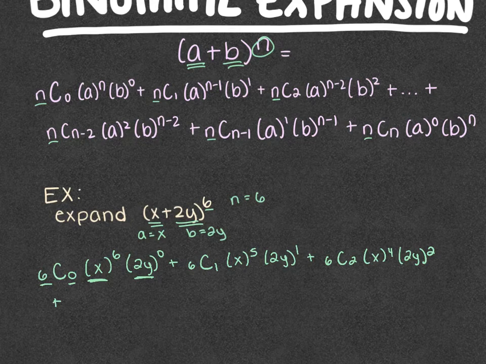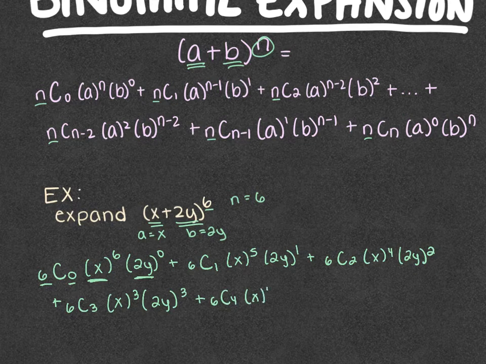And then again, 6C3, first term is still going down, second term is going up. 6C4, first term going down, second term going up. Almost there. 6C5, first term down, second term up.